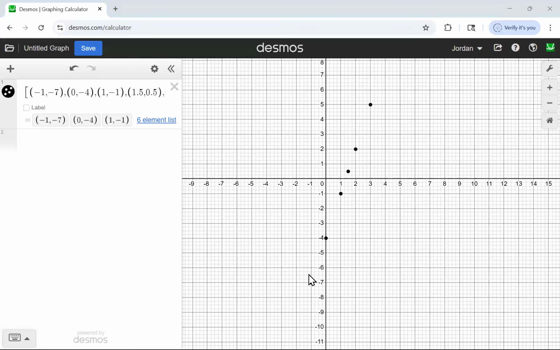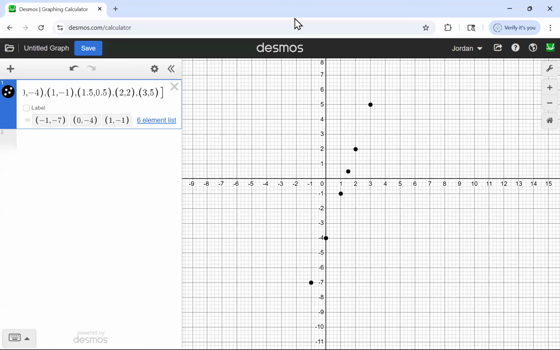Now, I've already done that, and we've gotten these 6 points. So here's the list of all those points. I've put them all in black, and you can see what's happening here is that the pattern is a straight line.